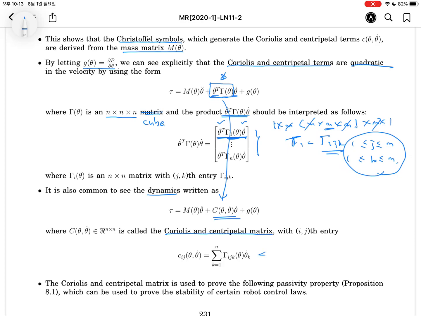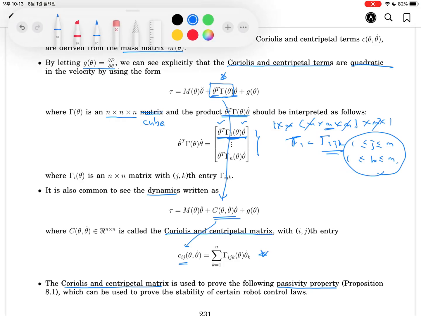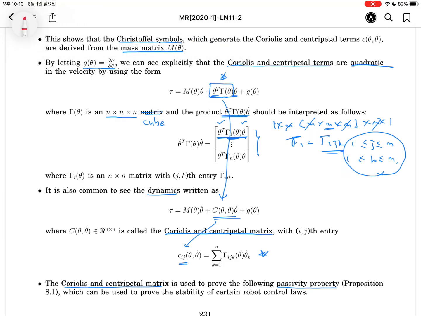As mentioned before, you can get a definition of C. C_ij is the element in the i-th row and j-th column of the C matrix. This kind of Coriolis and centripetal matrix is used to prove the passivity property. The passivity property is very important.